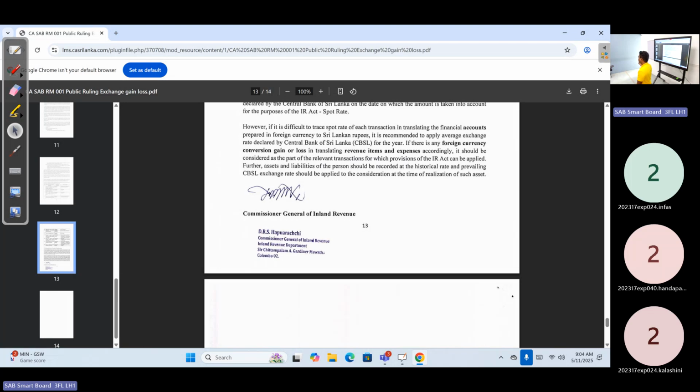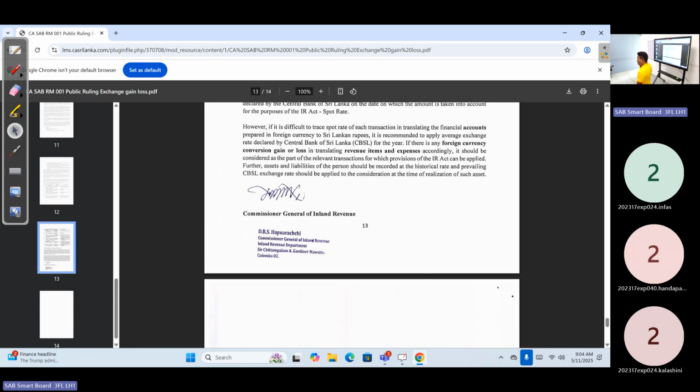If it is a gain, that should be considered as part of income, although we can reduce it from that expenditure. Income, if it is taxable, if there's a realized gain only, it is liable for tax. Unrealized gain, we are not considering. Right? Assets and liabilities are the same thing.